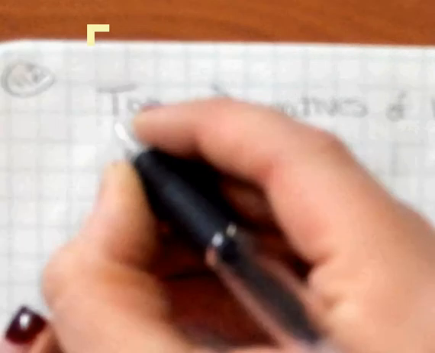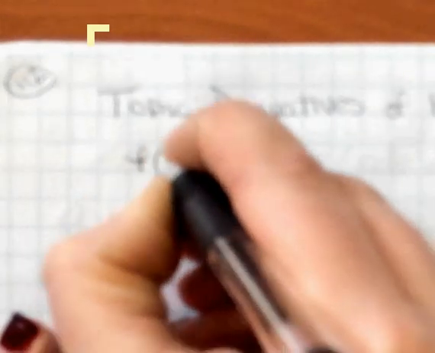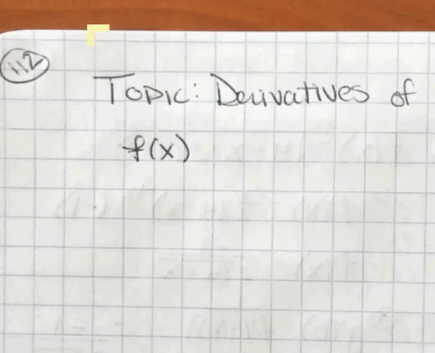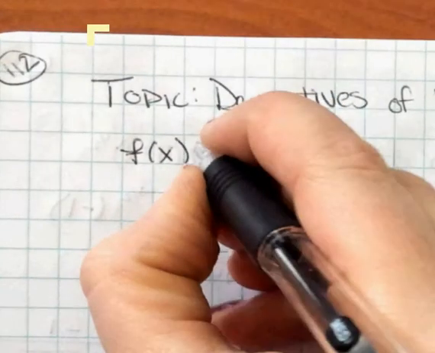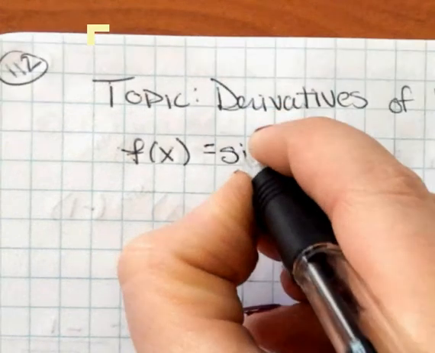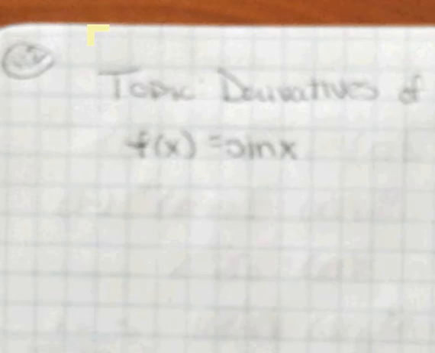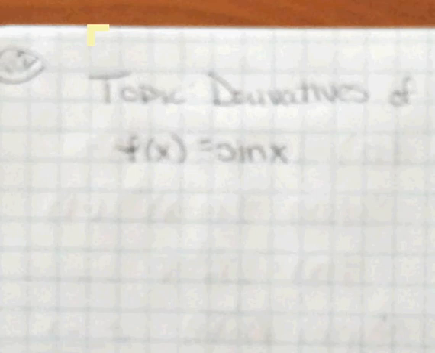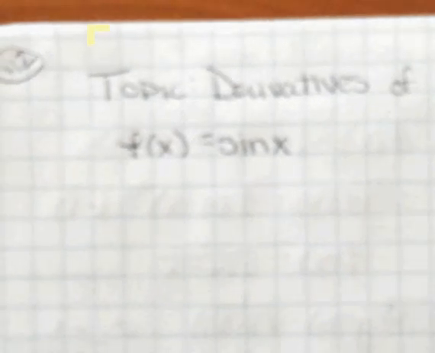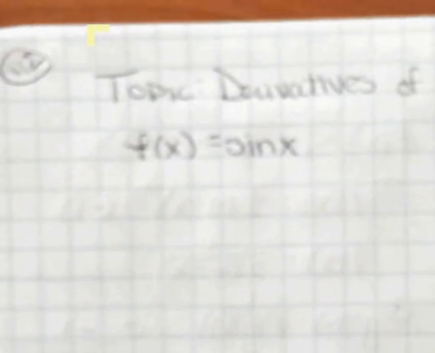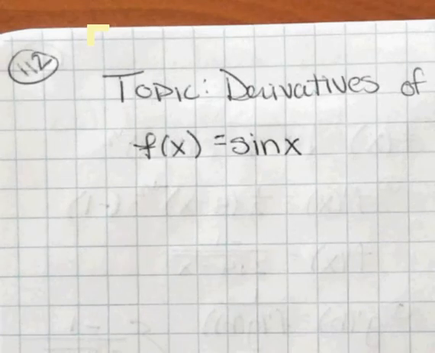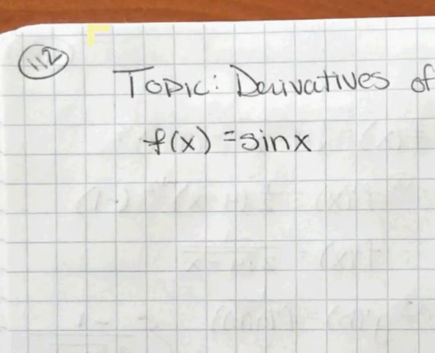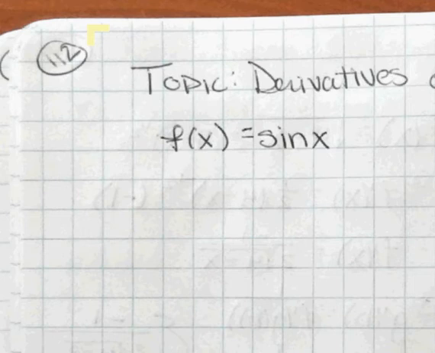So, ladies and gentlemen, before we even start talking about derivatives of inverse trig functions, let's remember what an inverse trig function is, okay? So, for instance, let's say I have this function f of x is equal to sine x. Let's remember, what is the inverse of sine?